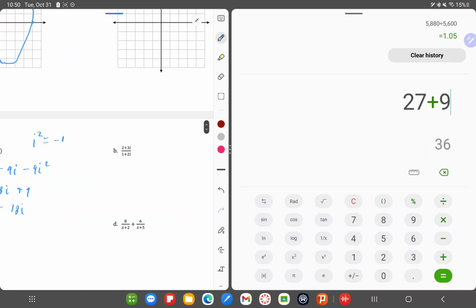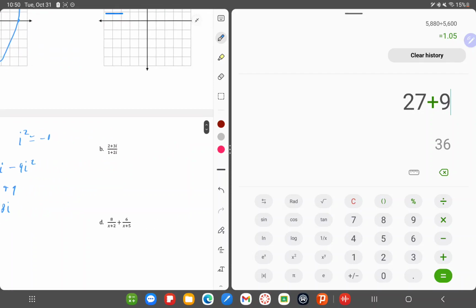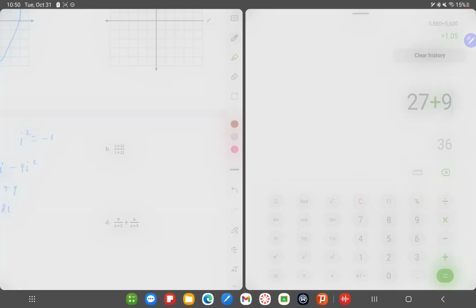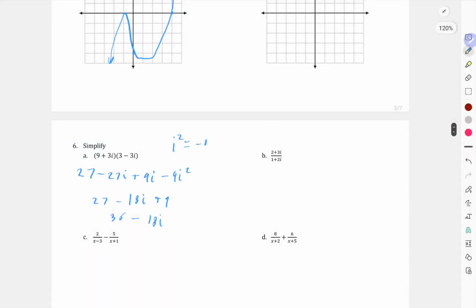Okay. Now, let me go about solving this one. Actually, you can just do this: 2i. And then we just multiply them. So it's 2 plus 3i.